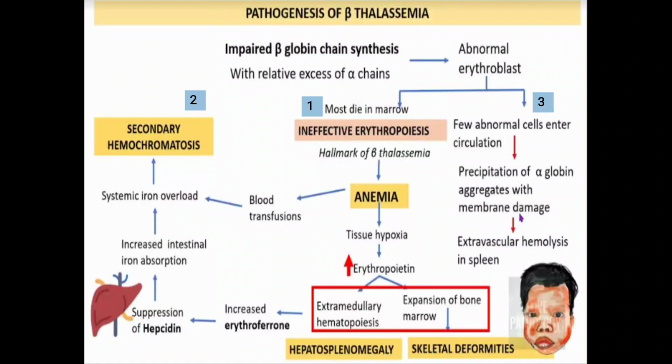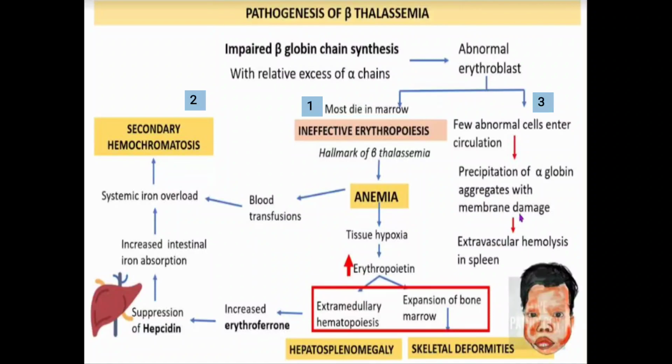This extramedullary hematopoiesis and hematopoiesis in the bone lead to increased erythroferrone. This erythroferrone suppresses the hepcidin level in our body. This hepcidin is a hallmark in iron absorption. So when there is hepcidin suppression, this leads to increased intestinal iron absorption.